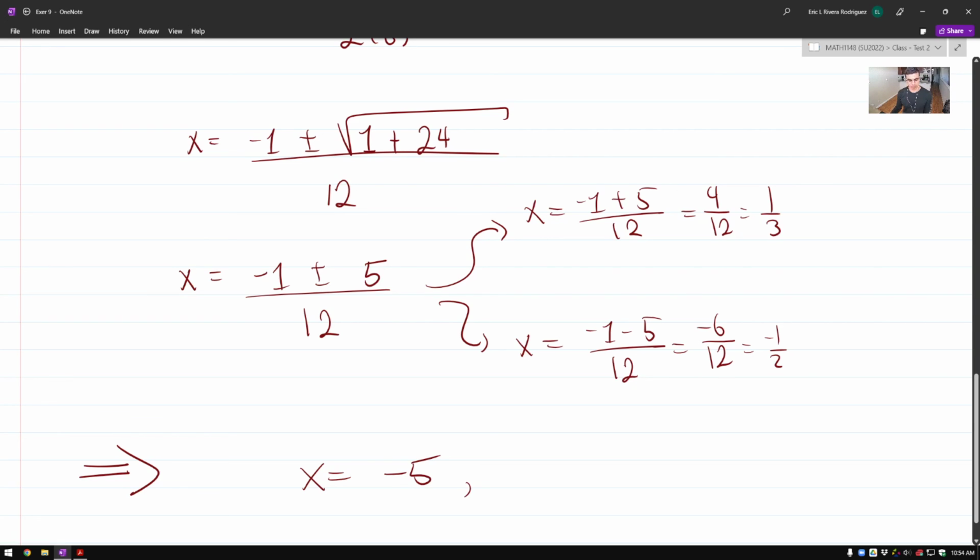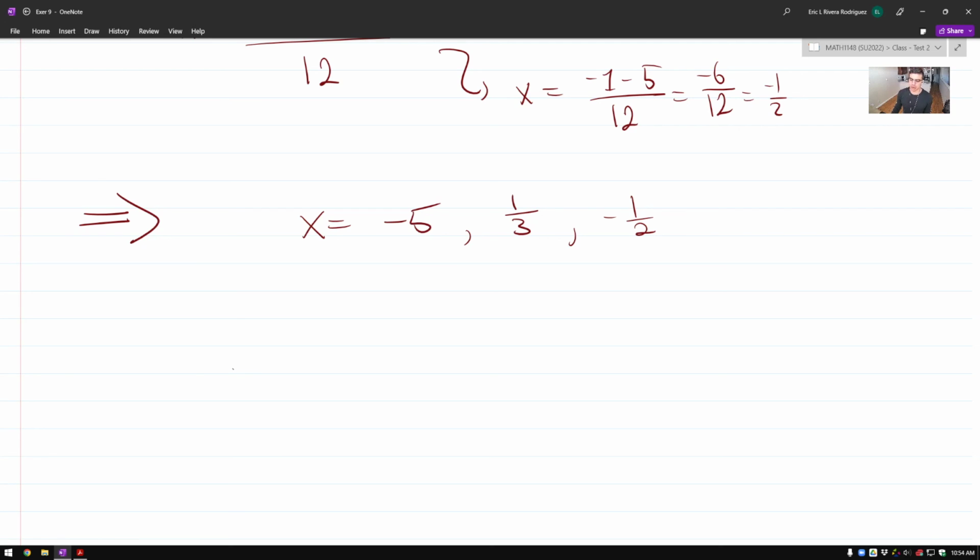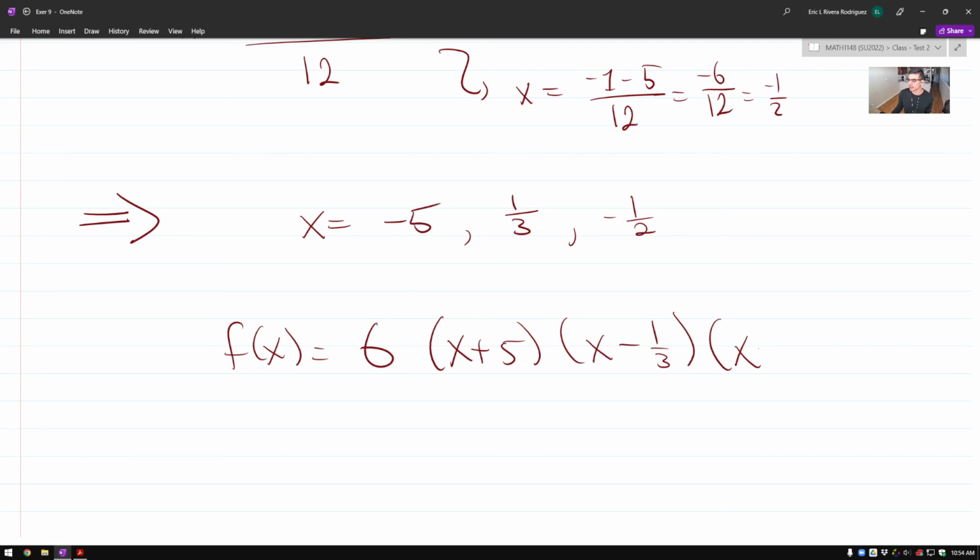Then from the degree 2, we got 1 over 3 and negative 1 over 2. So to write the polynomial in factored form, the leading coefficient was 6, then x plus 5, then x minus 1/3, then x plus 1/2. And that is the factored form of the polynomial that we started with.